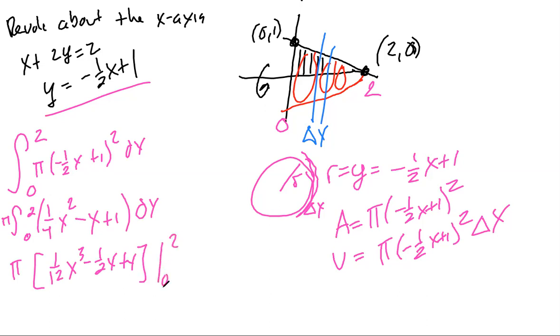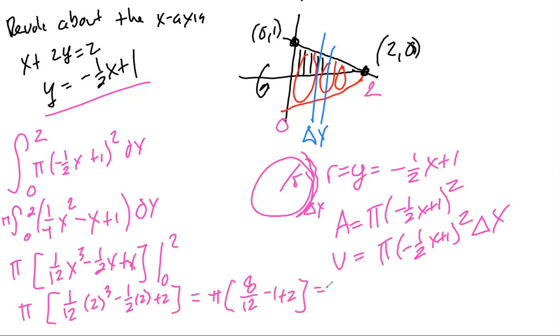I know it's bad form not to plug 0 in, but when I plug the 0 in, it's going to kill all those things. So I'm just going to plug 2 in. So pi times 1/12, 2 cubed minus 1/2 times 2 squared plus 2. 2 cubed is 8, so we're going to have pi times 8/12. Oh, we didn't do our squaring of x here.